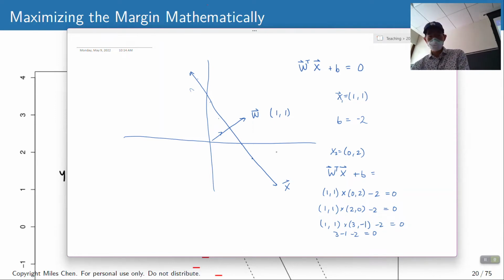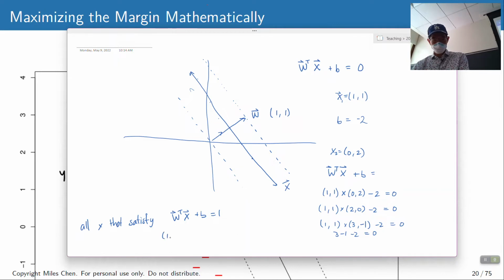And then if I said W transpose x plus b is equal to 1, that's going to give me a line that's parallel to this. Let me think about this for a second.